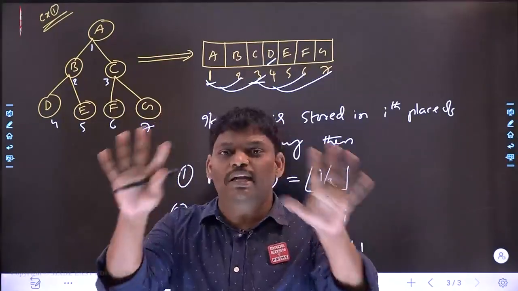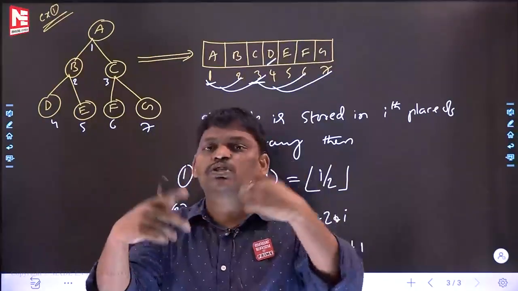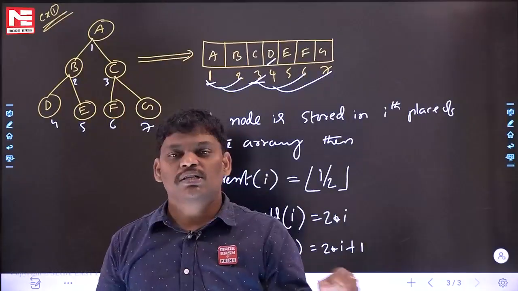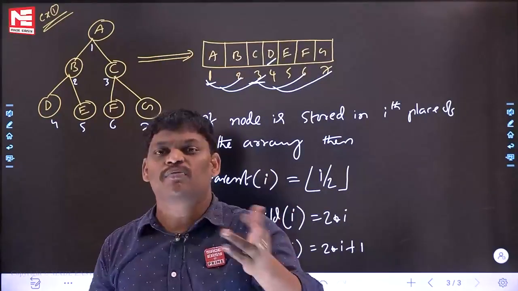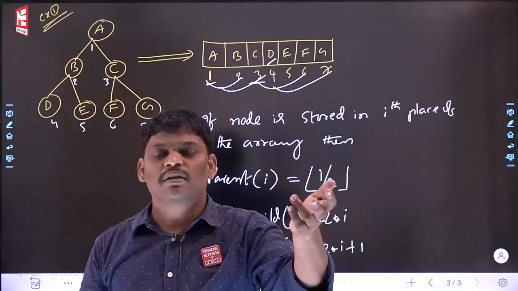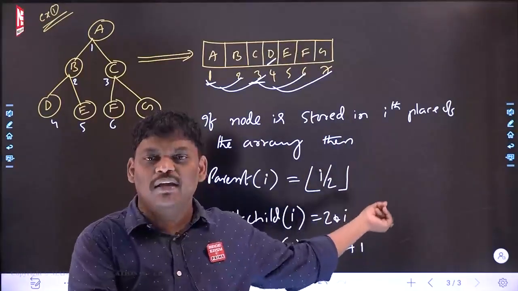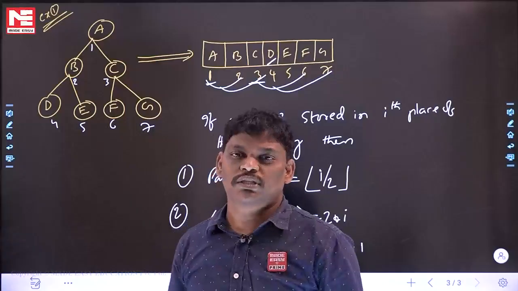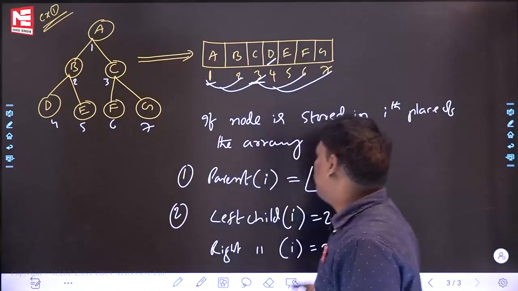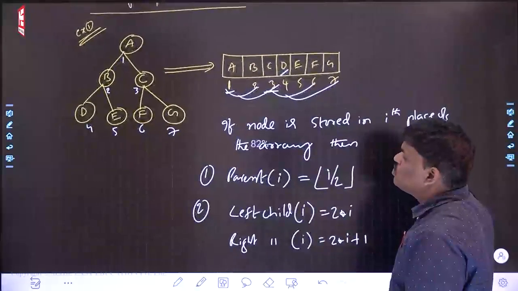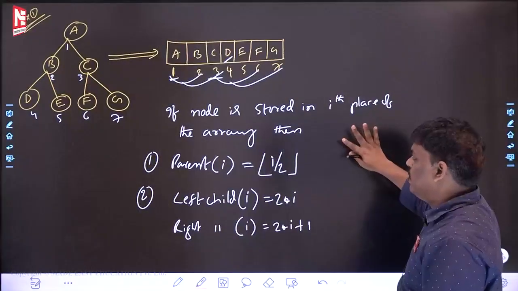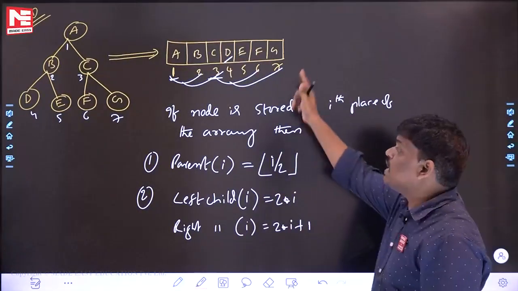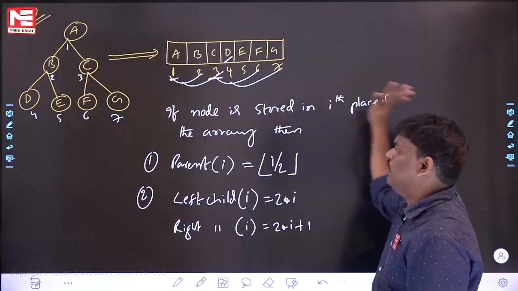Starting from 1 I said, so please do starting from 0 with minor changes. Some people ask, sir, why don't you say 0 also? If I say 0, in another examination the array index may start from 2, then again a small change. Please be comfortable, it is a nice topic: storing a binary tree in the form of an array. One example I gave, these are the formulas, starting from 1, again and again I am reminding you.